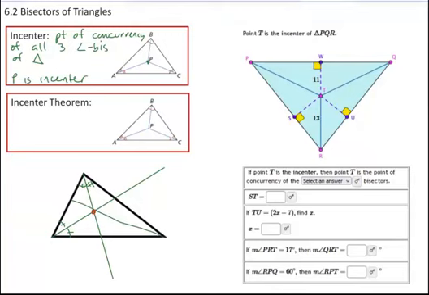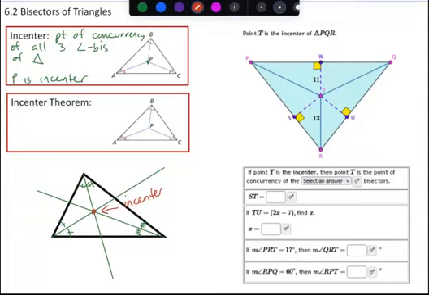And so if I start from my vertex and I bisect this last angle, it should pass through that same point. That is my incenter. Right, so that is the second point of concurrency that you need to be familiar with.